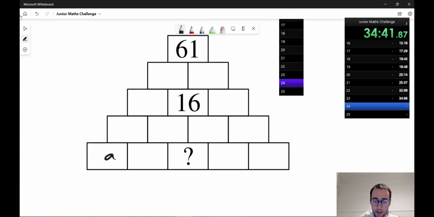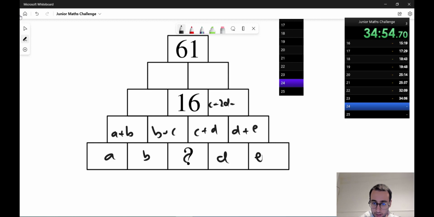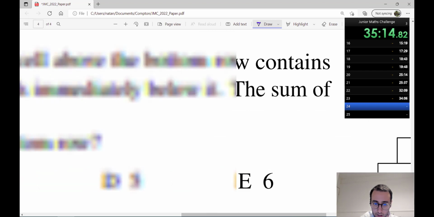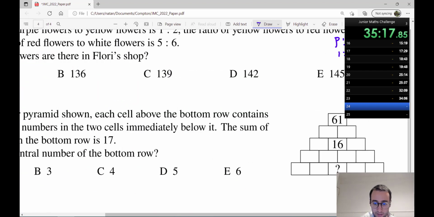So A, B, C, D, E, A plus B, B plus C, C plus D, D plus E, and here B plus 2C plus D equals 16. I've also got A plus B plus C plus D plus E equals, I think it said 17. If I go back to it, the sum of the bottom row is 17. Yup.